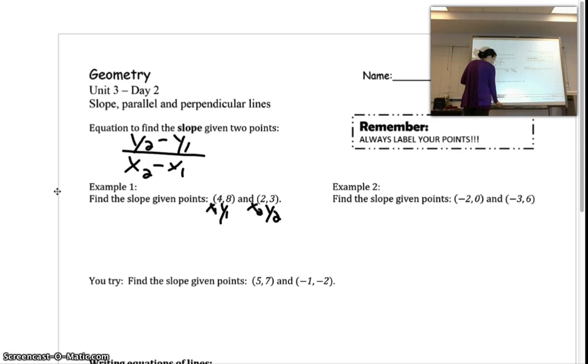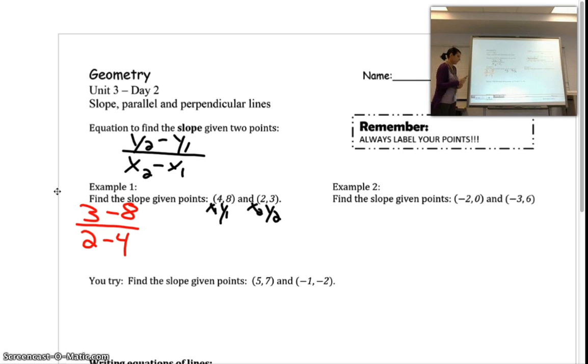Now we're just going to use the formula we just wrote up there and plug in. y2, 3 minus 8 over 2 minus 4 equals.